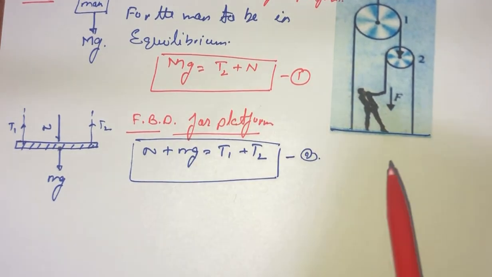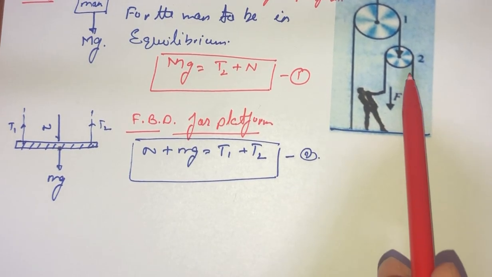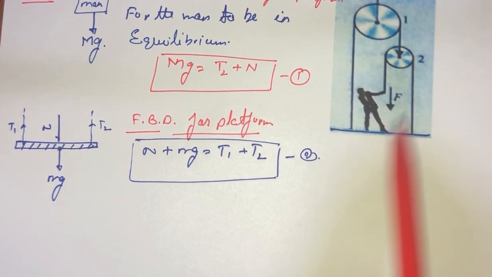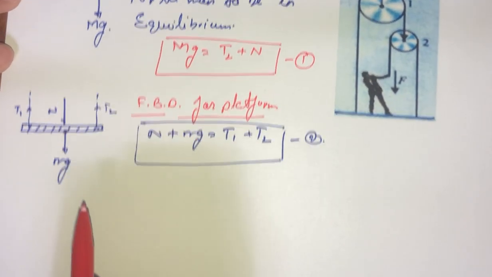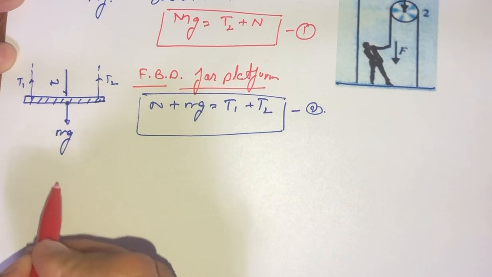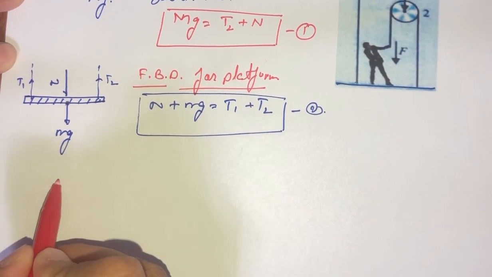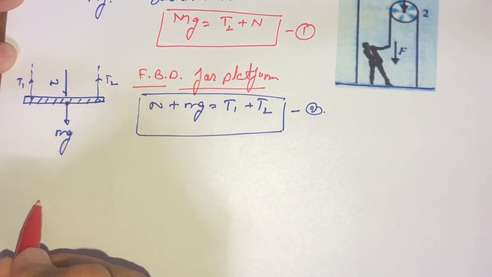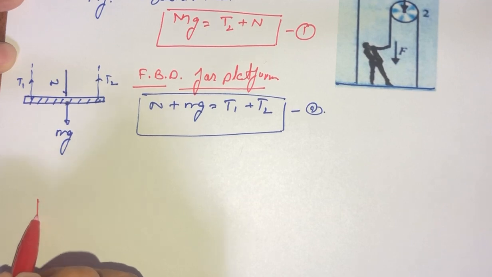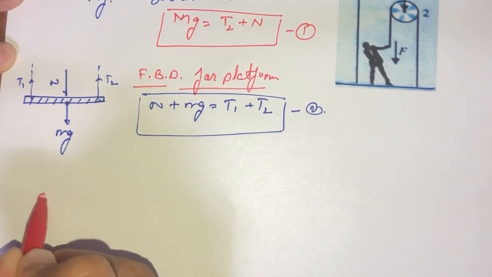Next we have a pulley, that is pulley number 2. So we can draw the free body diagram for the pulley also.